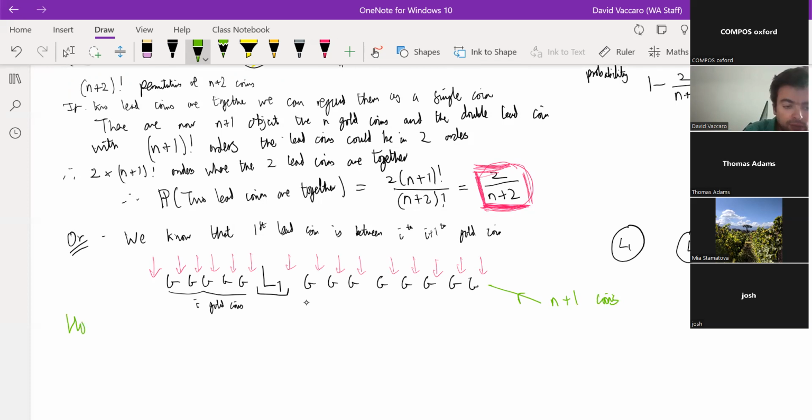Okay. How many gaps are there for L2? How many spaces are there where the second lead coin could slot in?